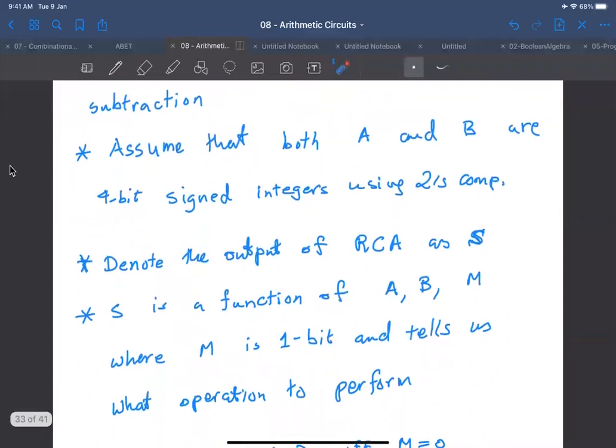And we denote the output of the ripple carry adder as S. So S is a function of A and B and M as well, in which M tells us whether we want to do an addition or subtraction. So M is the mode. When M is 0, we'll do addition, and when M is 1, we'll do subtraction.